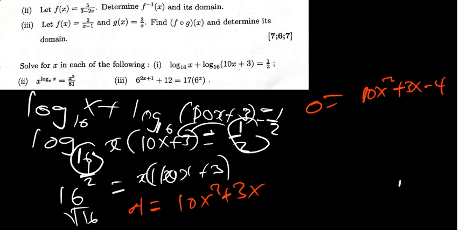Which one is going to have a negative? So it's going to be 0 equals 10x squared plus 5x minus 8x minus 4.